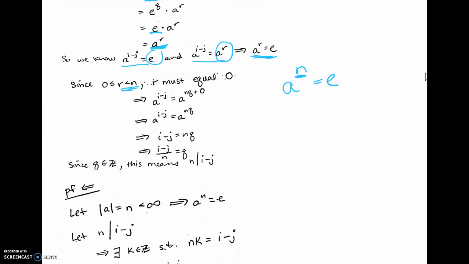So what's the only other thing that would make something equal the identity? It would be the 0 power. So that's how we get R must equal 0.